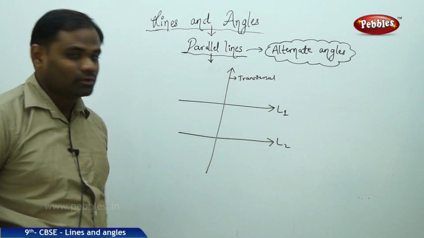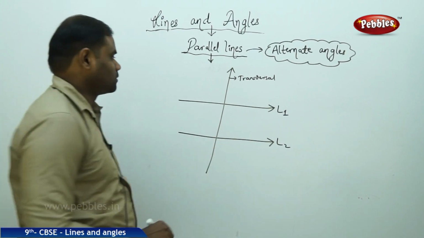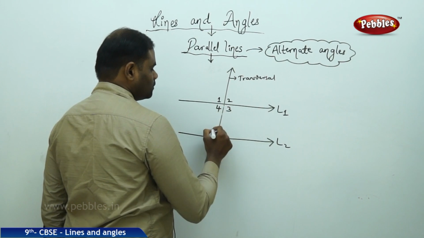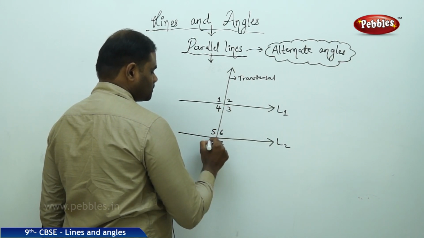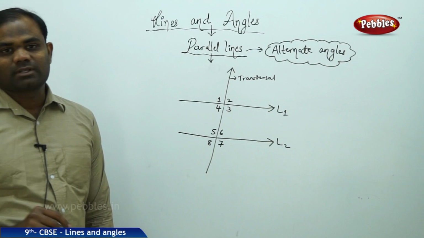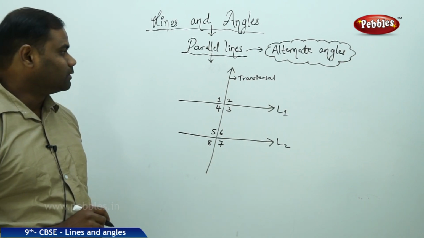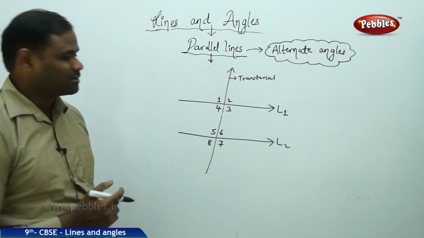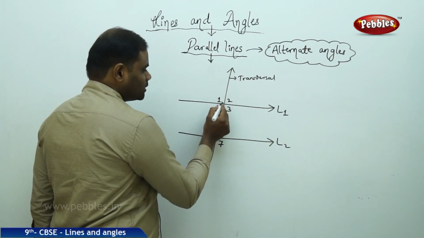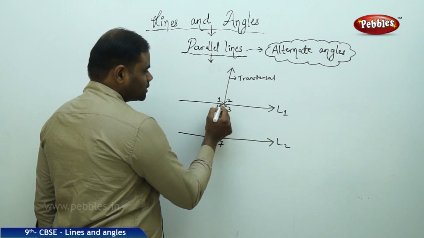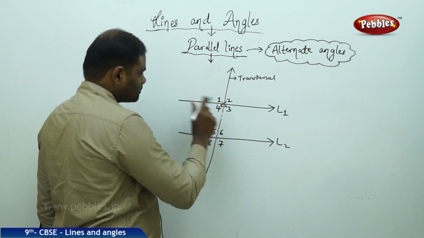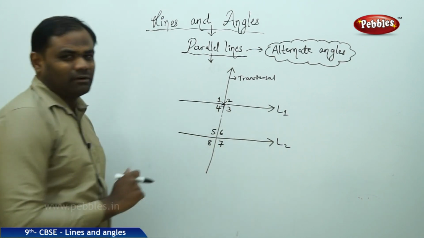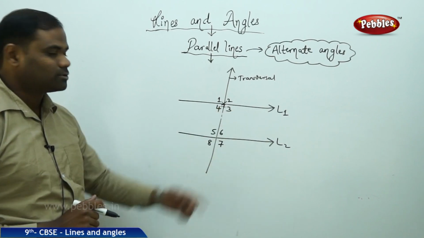Then we know that there are 8 angles formed with L1 and L2, which are 1, 2, 3, 4, 5, 6, 7 and 8. Now here we call the alternate angles those which are on the opposite sides of the transversal.